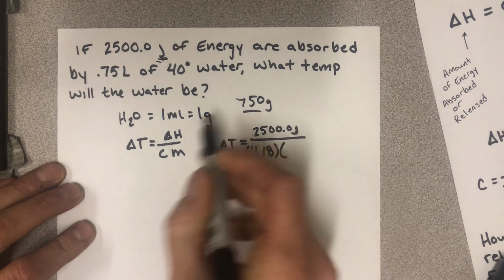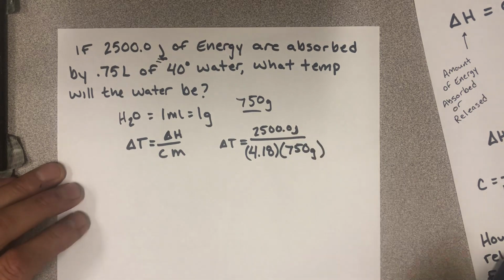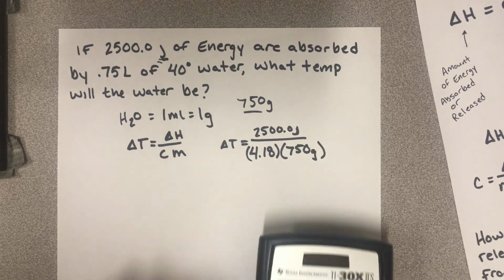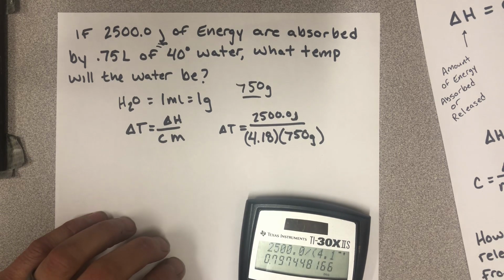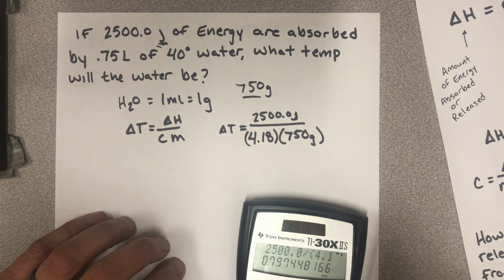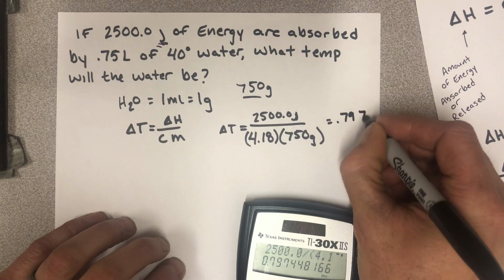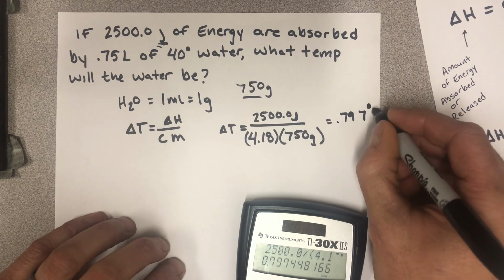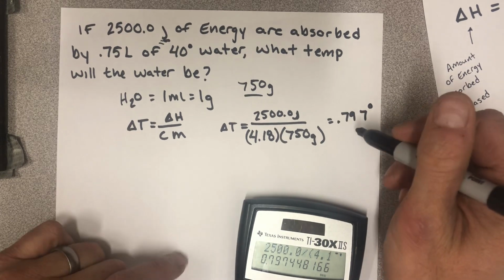And we're going to multiply that by the mass of water that we have, which is 750. And let's figure out what that is. So that is 0.797 degrees. Okay, so 0.797 degrees is our temperature change.